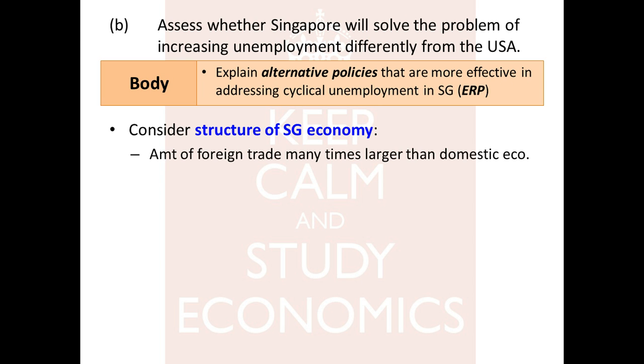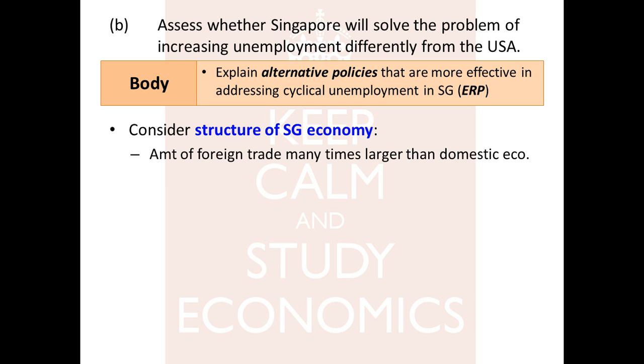You should know, and if you don't know, you know now, that the foreign trade sector in the Singaporean economy is actually many times larger than our domestic economy itself. So what I'm trying to say is that we are actually exporting and importing a lot more goods than what our domestic economy actually uses.